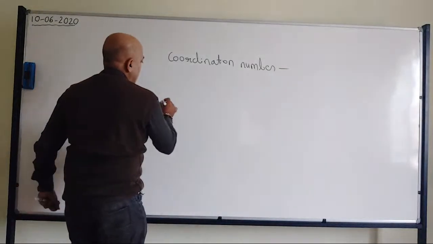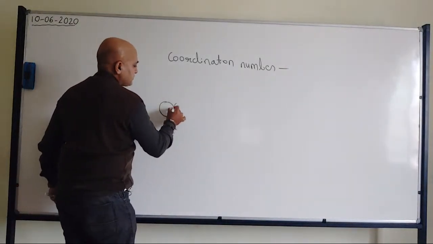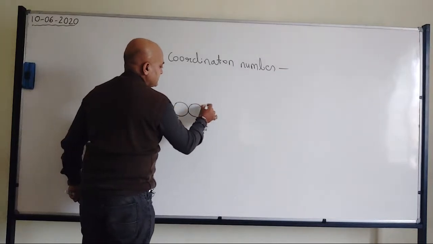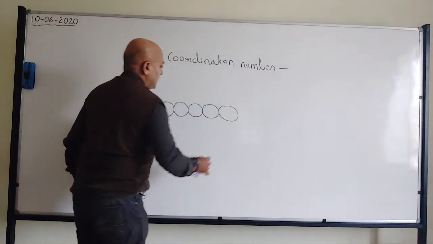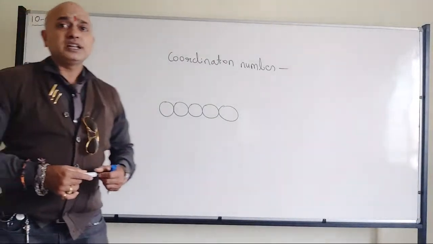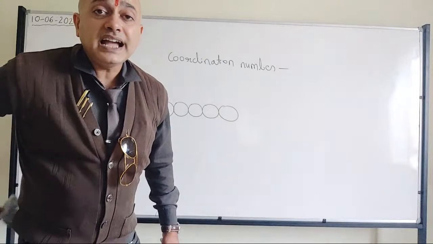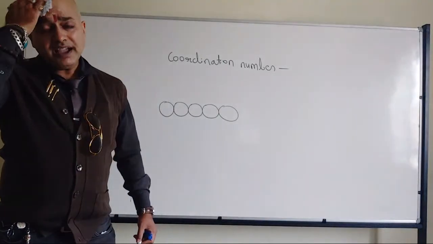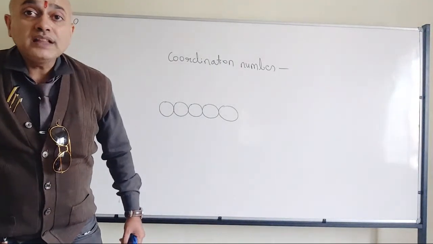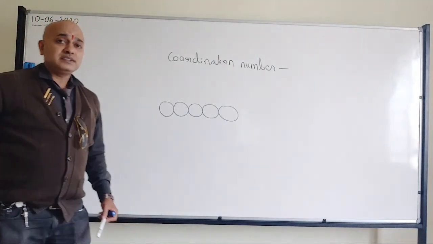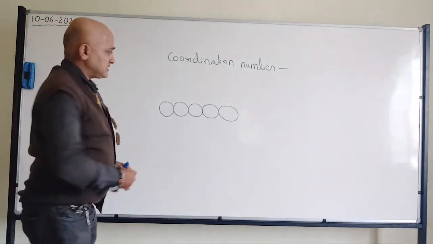For example, I have the atoms or elements. So this is called as one-dimensional arrangement. This is nothing but one-dimensional arrangement where I have shown one row of the elements. It can be atoms or elements.